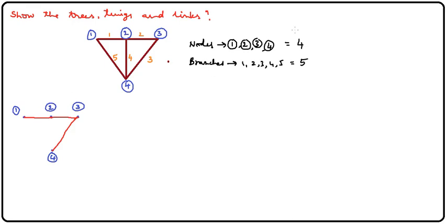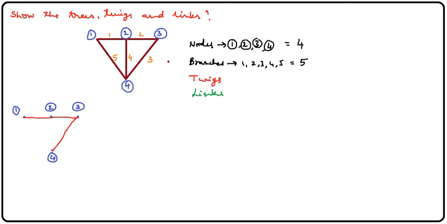Now I will represent my twigs with red color and I will represent my links with green color. I will also represent the links in dotted lines. Otherwise I can straight away write it. So these lines are twigs.